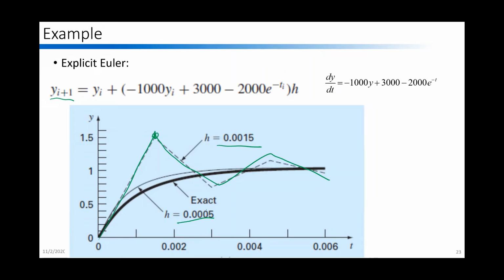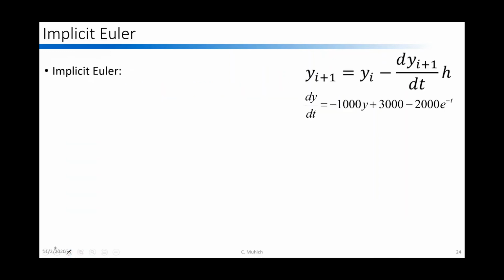Let's take a look at how we're going to do this with the implicit Euler's method. Remember, this one we are going to do out. The implicit Euler's formula says y_{i+1} equals y_i minus dy_{i+1}/dt times h. So we're going to plug this in: y_{i+1} equals y_i, my current step, minus this equation with y_{i+1} plugged in.